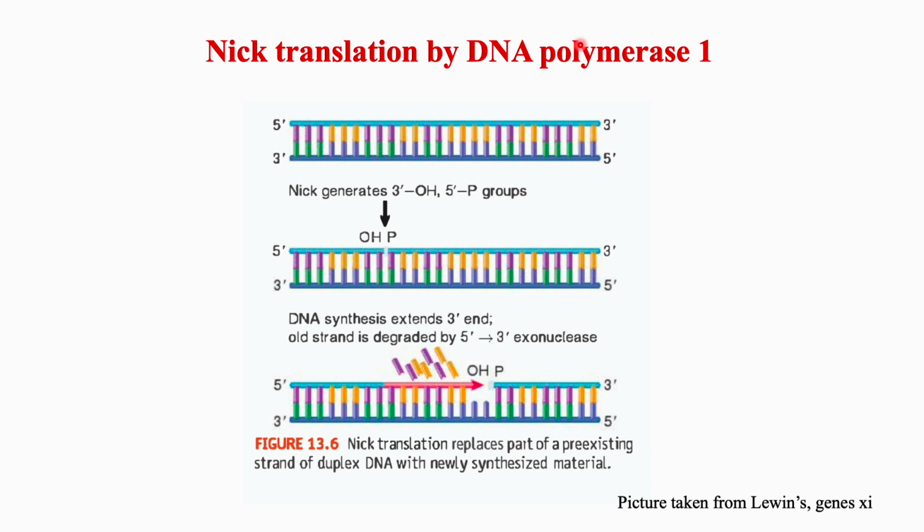So what happens in DNA, the DNA pol 1, it will sit on this nick, right? And as I said, this has a special activity known as 5 prime to 3 prime exonuclease activity. So it will sit on this nick and it will degrade the old strand, right?